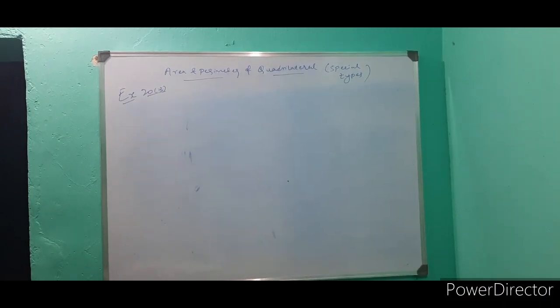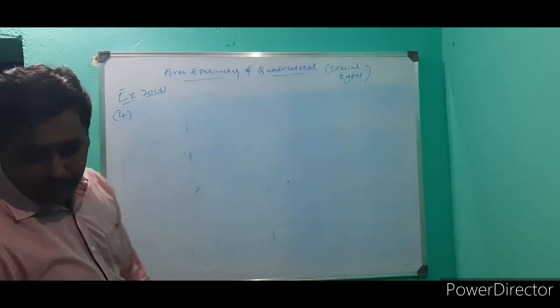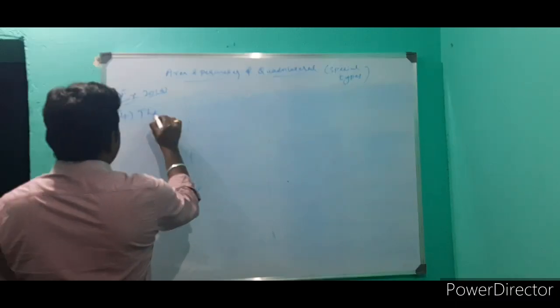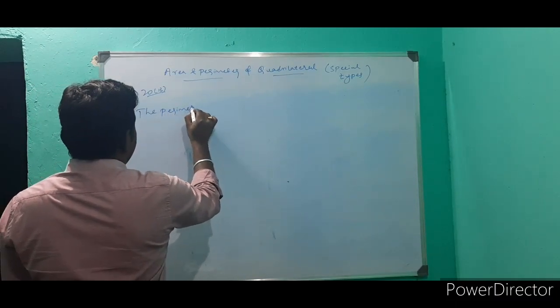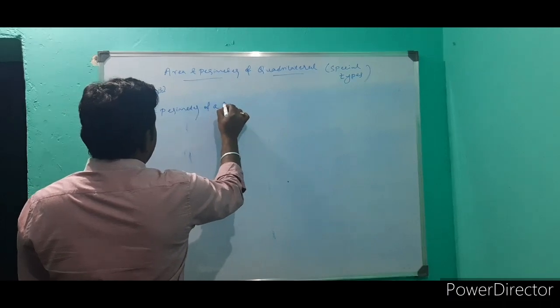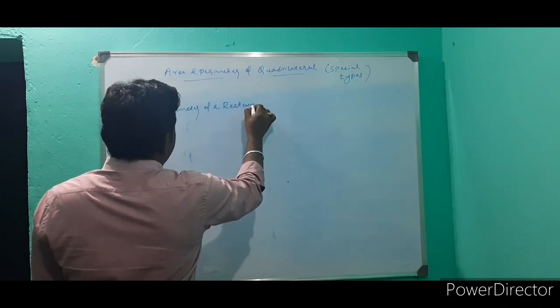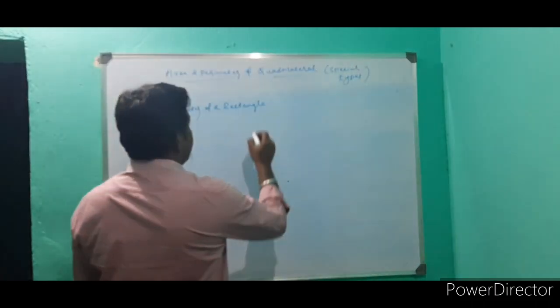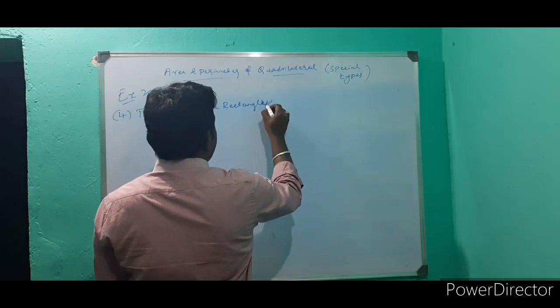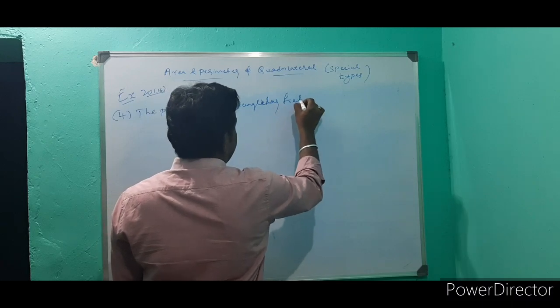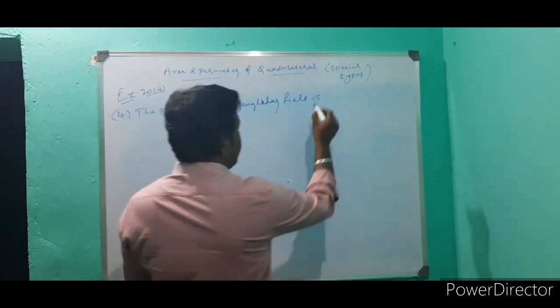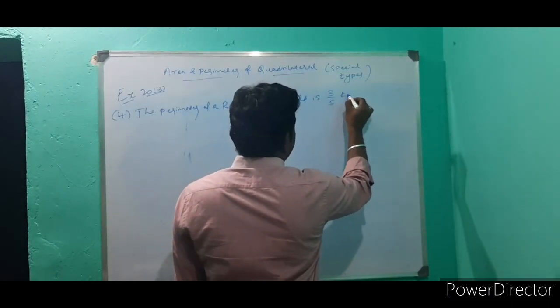Next problem is the fourth one. So fourth problem: the perimeter of a rectangular field is 3 by 5 kilometer.